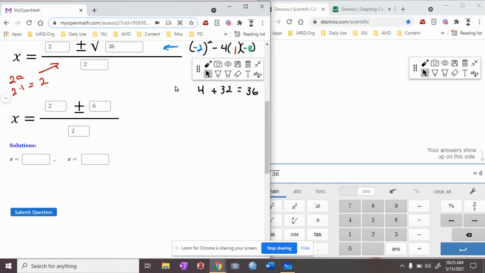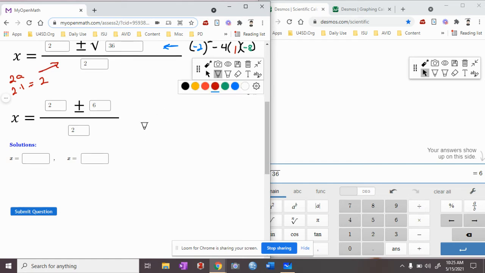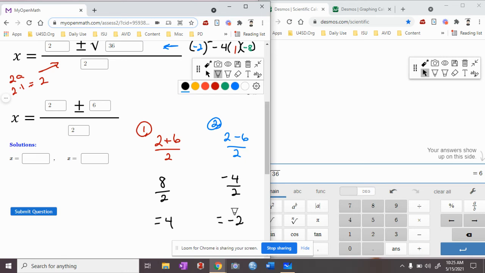Here, I'm going to break this plus minus into 2 options. So option 1 is going to be 2 plus 6, and then divide by 2. And then option 2 is 2 minus 6, and then divide by 2. 2 plus 6 is 8, and then divide by 2 gives me 4. 2 minus 6 is -4, divided by 2 is -2.